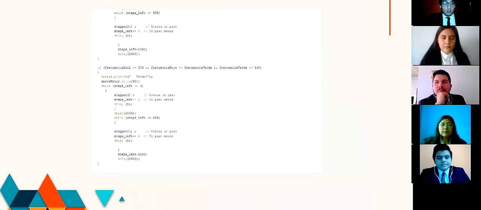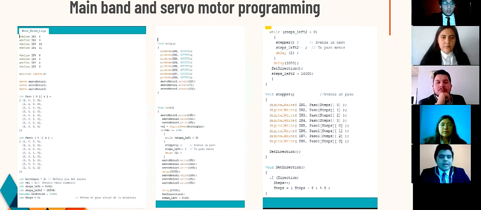And then we have the main band and servo programming. After the first zipper system has done its job, this will be moved thanks to the signal from the presence sensor.